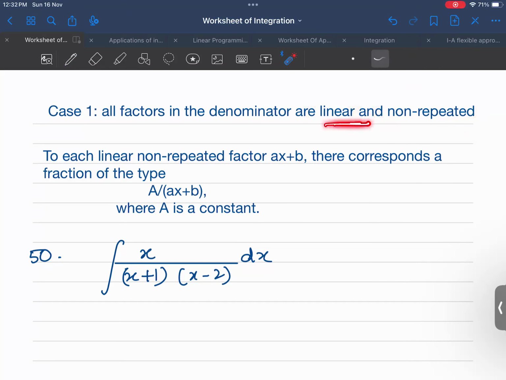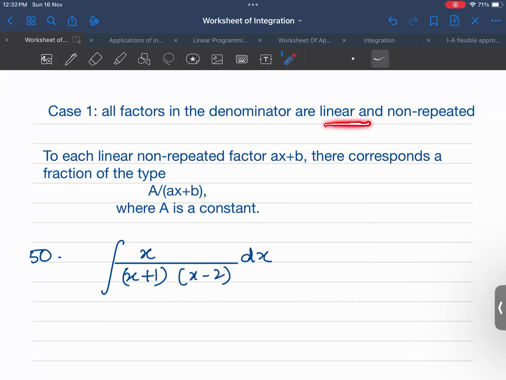Now suppose x equals 2, I am keeping x equals 2 so that x minus 2 becomes 0. Or I keep x equals minus 1 so that x plus 1 becomes 0. I will consider x as two values: one is plus 2, another is minus 1. Is it clear?